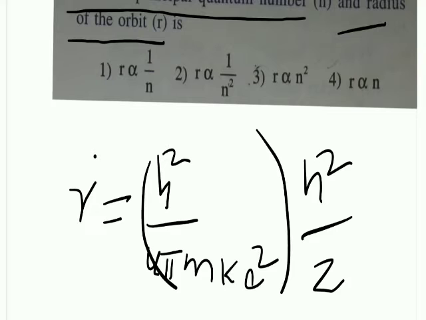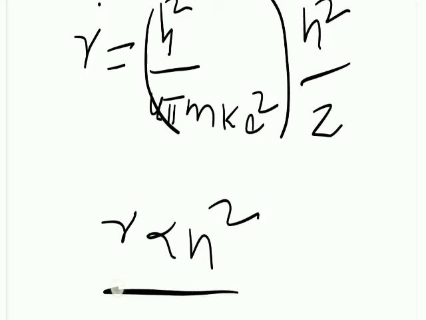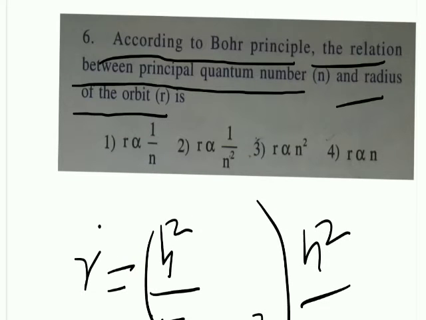This is the formula. So, r is proportional to n square. The relation between the radius and the principal quantum number: r is proportional to n square. So our answer, option third, is the right answer.